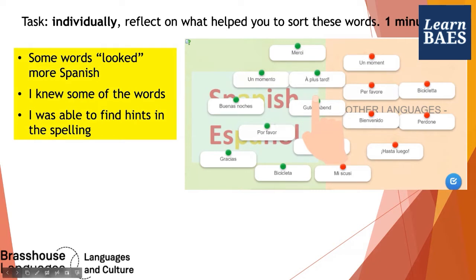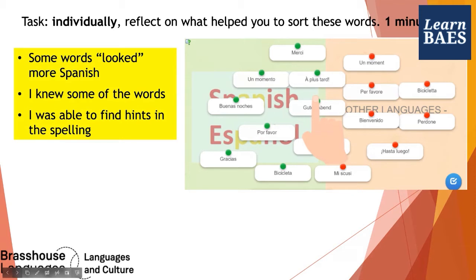So gracias, say it exactly as it's written. Sí. Es verdad. And when it came to decide whether bicicleta or bicicletta, which one was the Spanish, how did you decide?